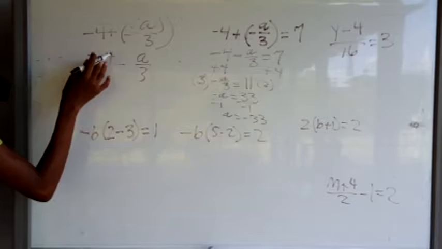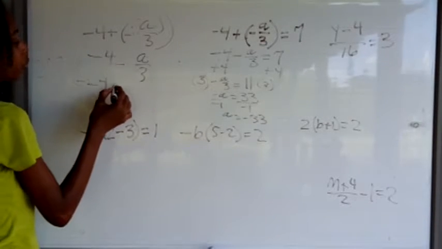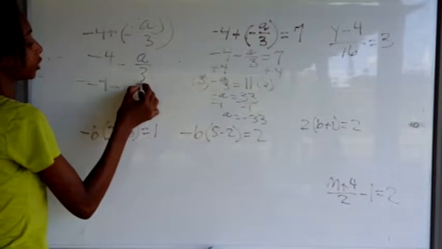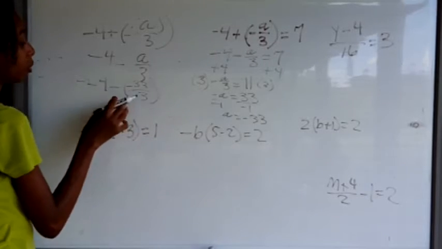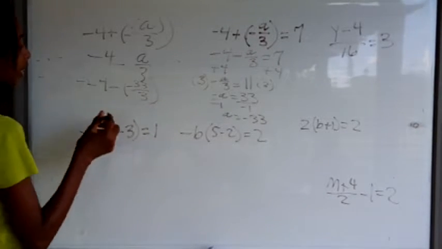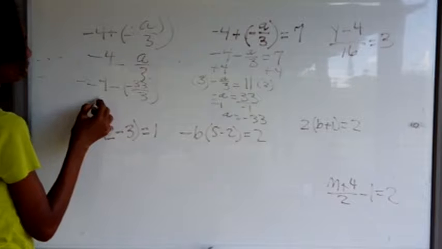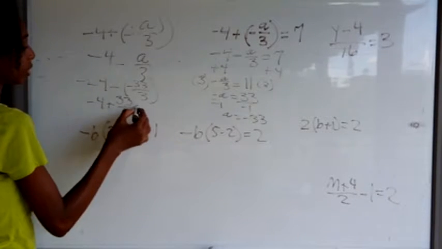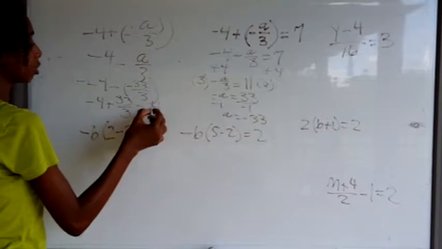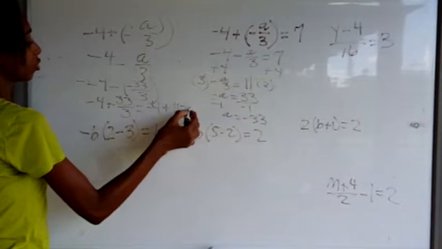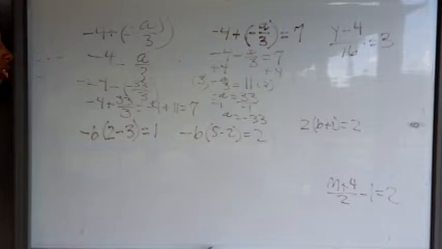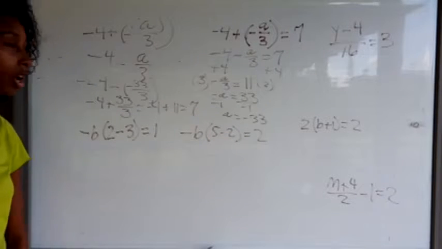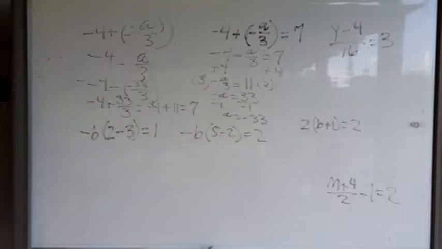If we had plugged it in, it would have been negative 4 minus negative 33 over 3, and subtracting a negative is the same as adding. 33 over 3 is 11, so it would have been negative 4 plus 11, which is 7. Yeah, that was a bad example, but glad y'all saw.